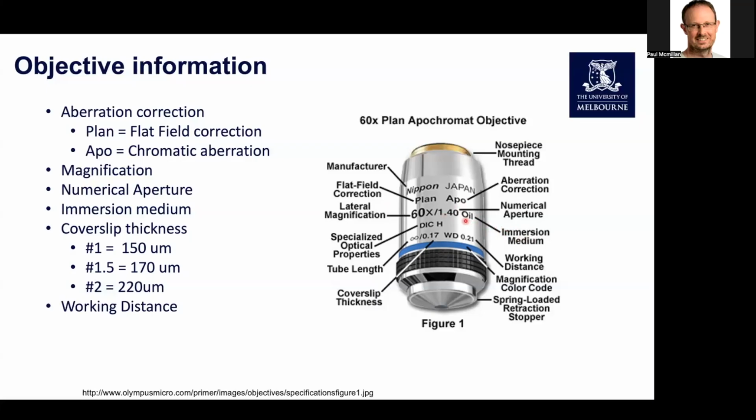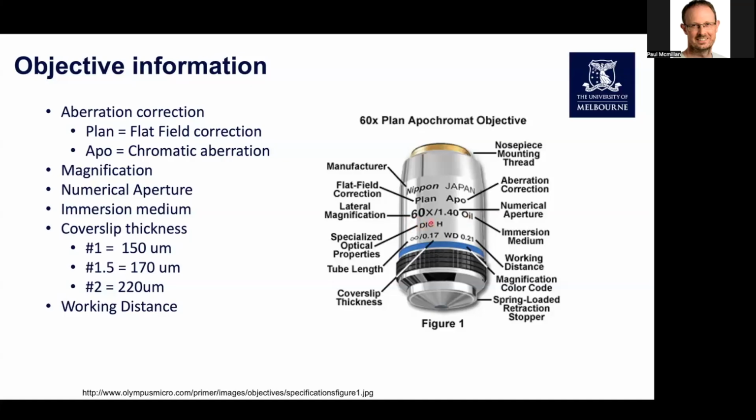So it's requiring oil between the objective and the cover slip to get the best possible imaging quality out of that objective. You can have lots of different immersion mediums, for example, water, silicon, glycerol. If there is nothing written there, then it will be an air lens, which requires nothing between the objective and the cover slip for imaging.